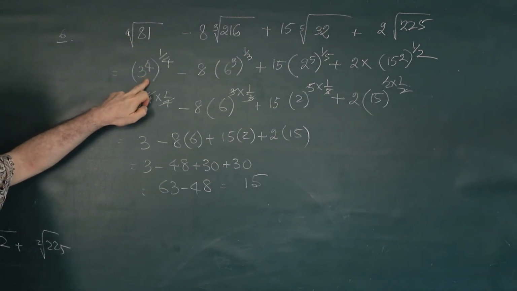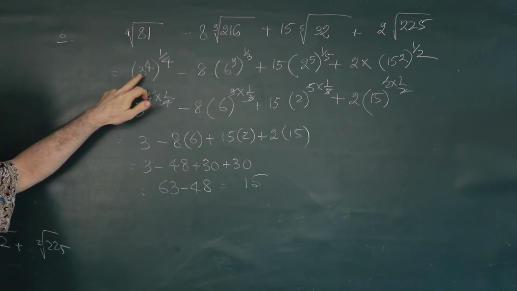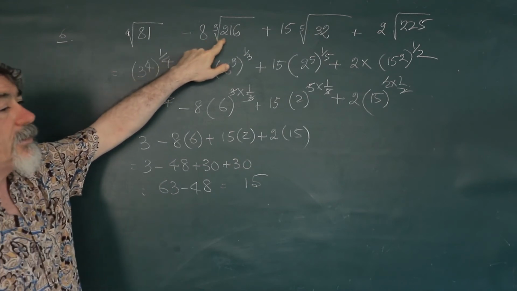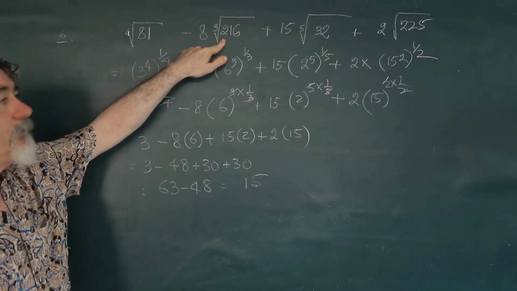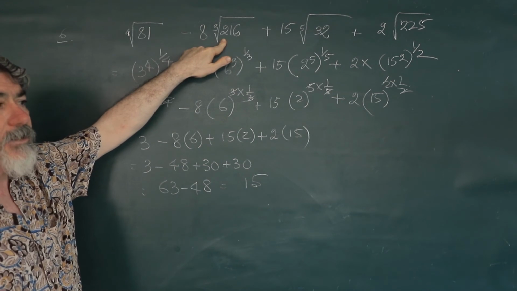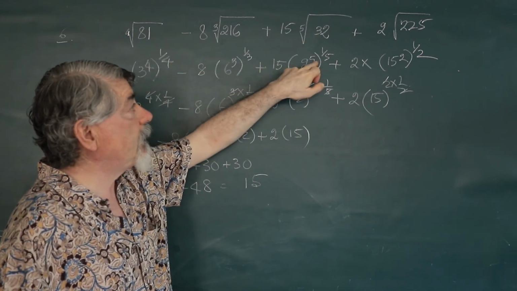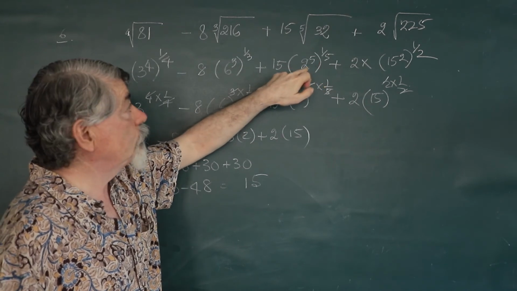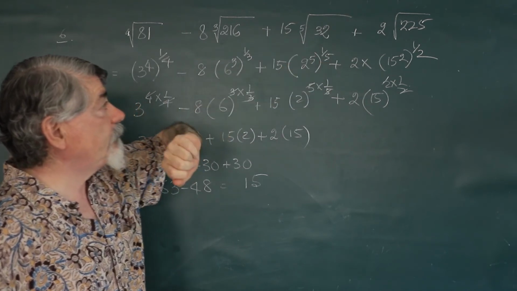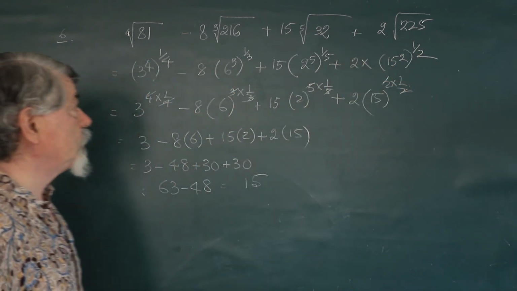81 I have written as 3 to the power 4. 3 into 3 is 9, 9 into 9 is 81. So 3 to the power 4. 216, these things you have to remember. 6 into 6 into 6. 6 6s are 36, 36 into 6 is 216. 32 is 2 to the power 5, 2 to the power 5 to the power 1 upon 5. And here 225 is 15 to the power 2.